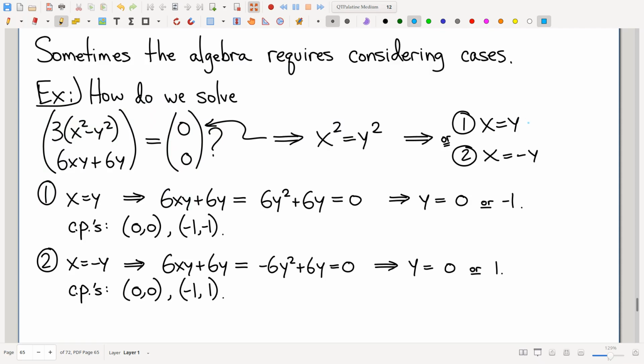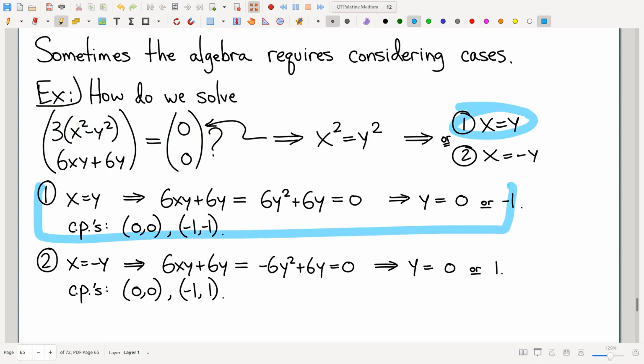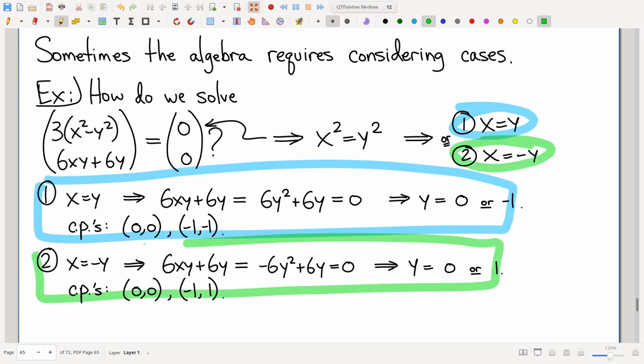So we have to acknowledge the two possibilities, and each one is its own separate consideration, right? You got to check both possible cases. Now, these cases aren't hard. If x is equal to y, this remaining equation, well, you just plug in x equals y right into it and solve for y. That tells you x, boom.